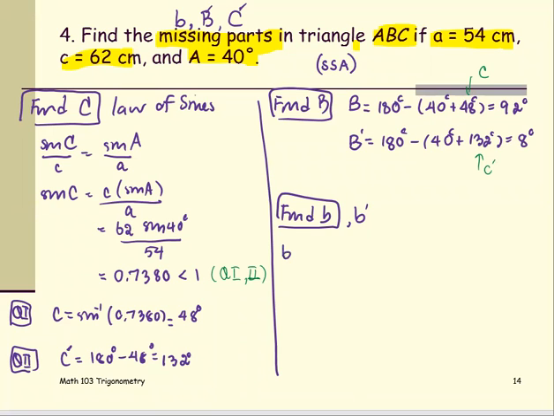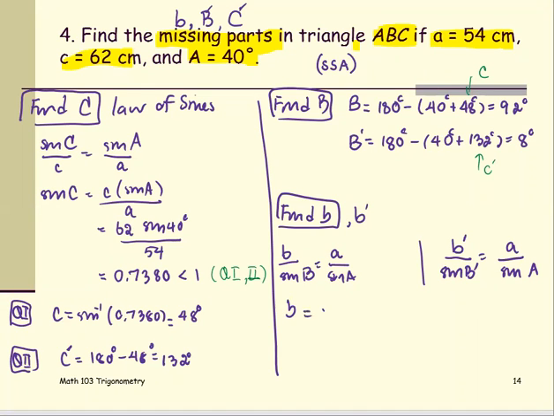So for the first one, b divided by sine B equals, the known set would be a and sine A. And the second one would be b prime over the sine of B prime equals a divided by sine A. Let's work on the first possible solution.